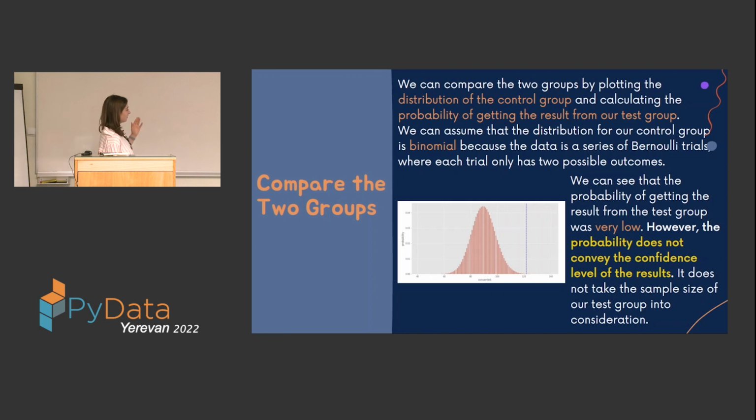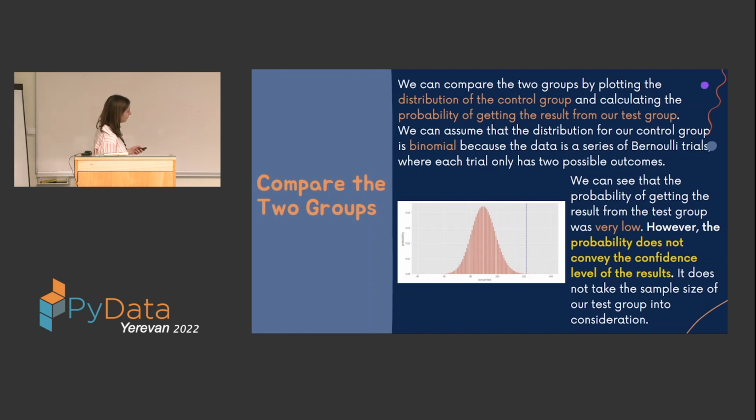If we get the distribution of our control group, which you can see in this red histogram, we can conclude that our distribution is binomial because it's like a coin flip. Either there is a conversion or there isn't. That's why it's a binomial distribution.